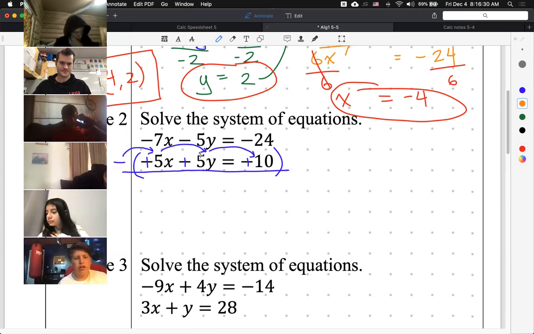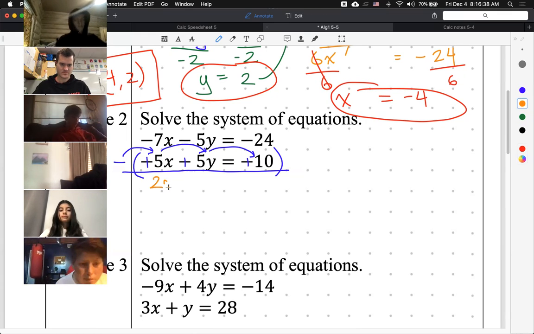Negative 7x minus negative 5x, or plus 5x, would leave you with 2x, minus, and then negative 5y minus negative 5y, or negative 5y plus 5y, equals 0, so you don't need it.